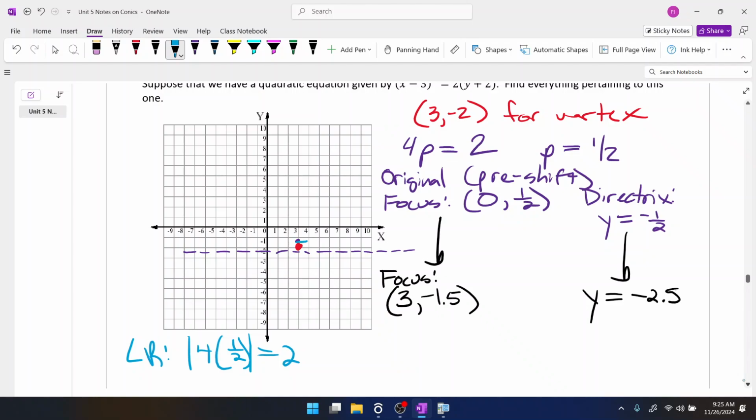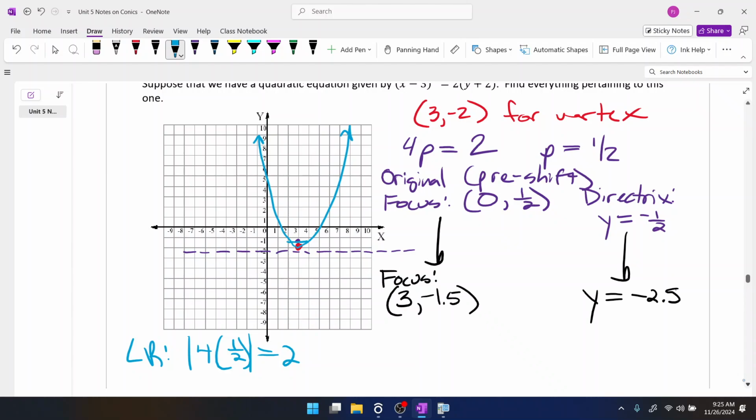So you're going to go 1 unit in both directions, and it's simply going to look like this. So basically 2 units, 1/2 in each direction. So that's what we're going to get for that.